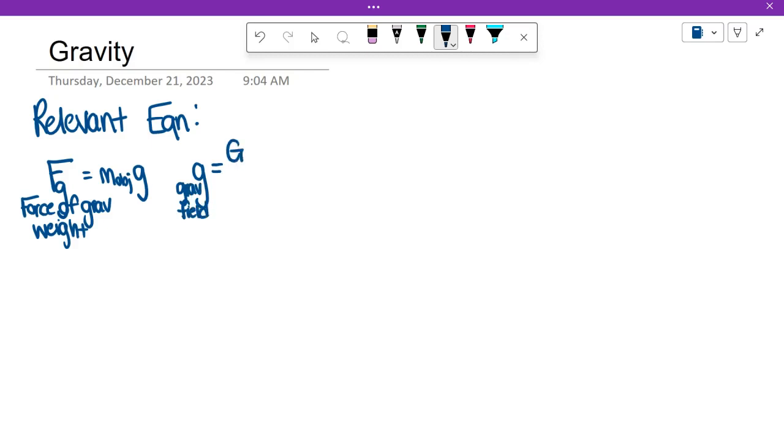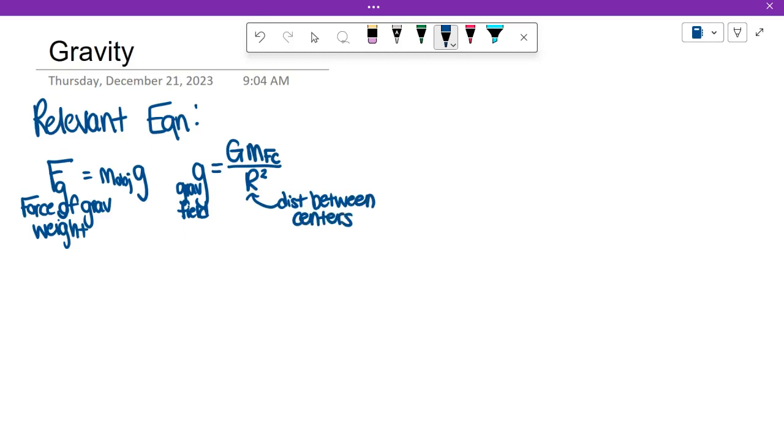is going to depend on G, the universal gravitational constant, and the mass of whatever is creating the field. So if we're finding the gravitational field on Earth, that would be the mass of the Earth. If we're finding the gravitational field of the sun at a specific location, then that would be the mass of the sun over the distance between the centers squared, right? Remember that R means distance between centers.